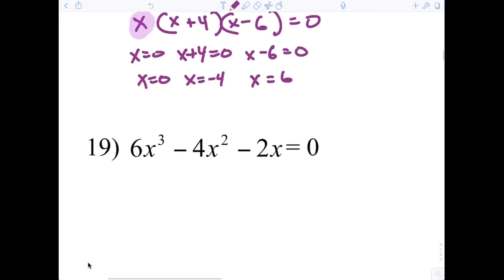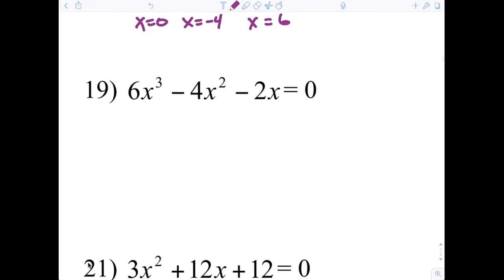All right, so I need a GCF for 19, please. Thank you. 2x, GCF, 2x. And then what's left behind? Say it. 1. Very good. All right.